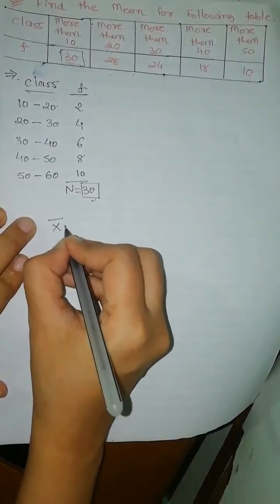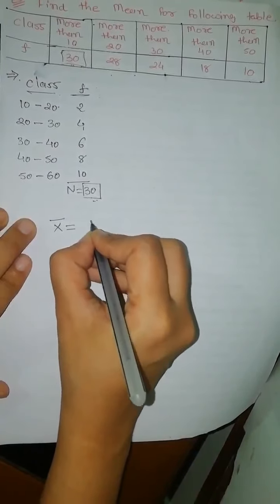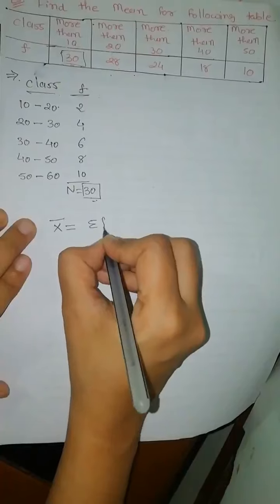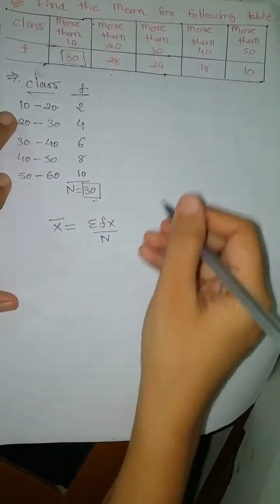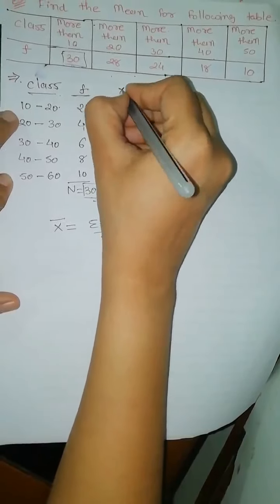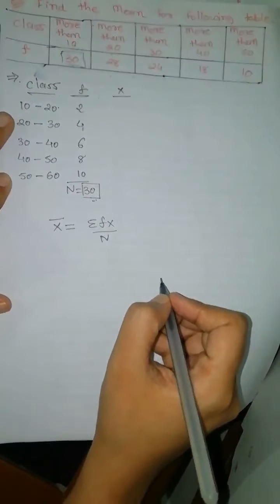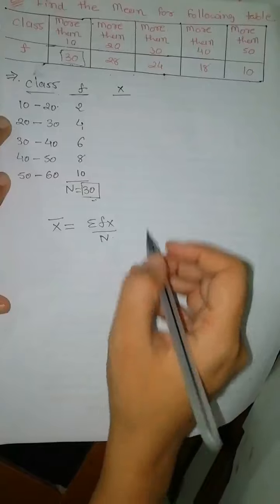So I will select the formula x bar equals sigma fx divided by n, right? I have to find the x value as per the class, so the mid value of the class.